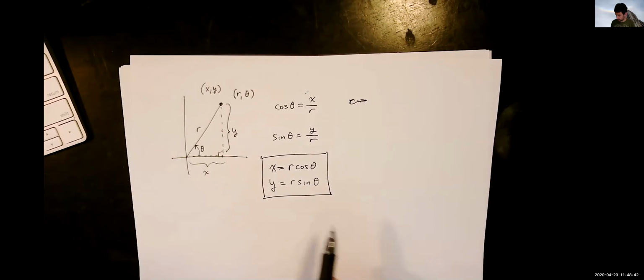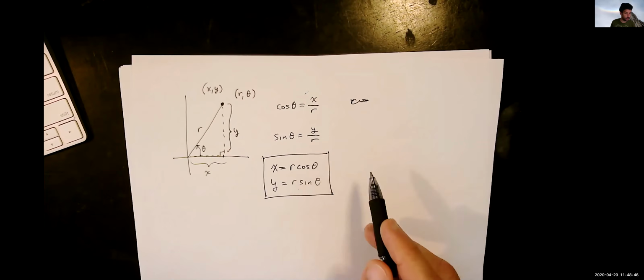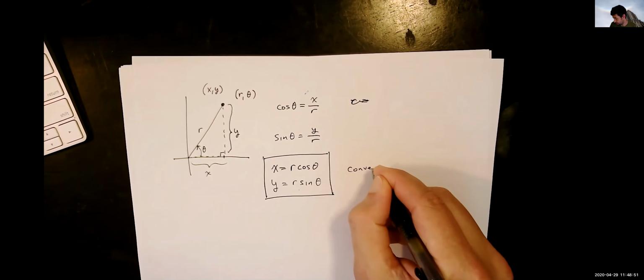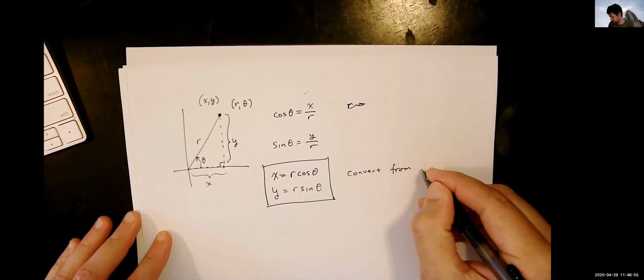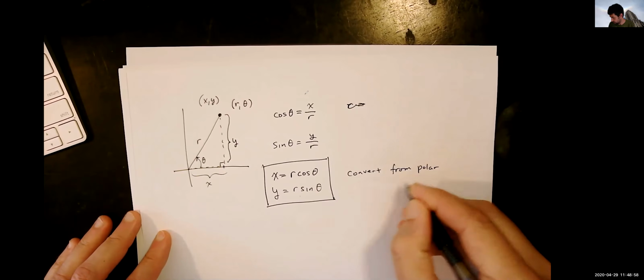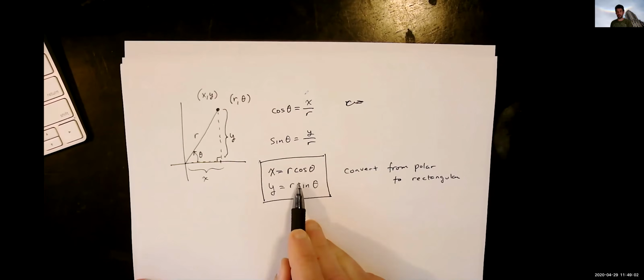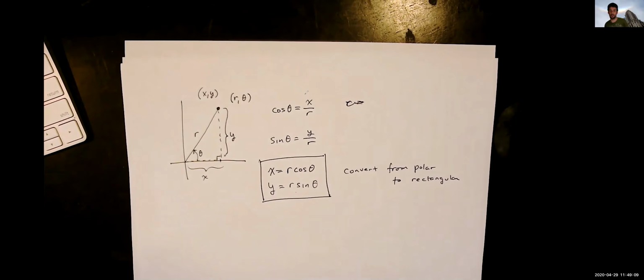With these equations, we can convert. These are very convenient for converting from polar to rectangular. If I knew r and theta, it would be very easy to just plug them in and convert them to our rectangular coordinates. We'll talk about going the other direction in a minute.